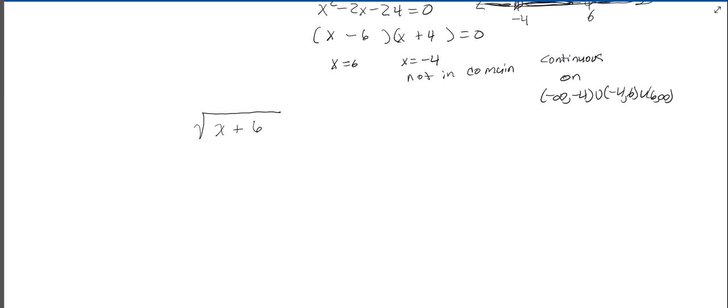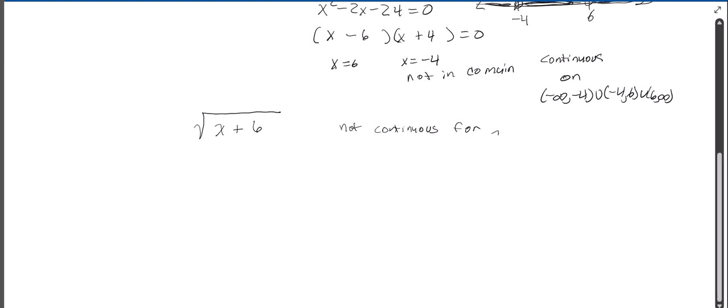I think that's kind of strange to define it to be continuous at an endpoint, but regardless, I can tell you that it is not continuous for x less than negative 6, that's for sure, because you can't take the square root of a negative number if we're talking about real numbers here, and so you would exclude those.